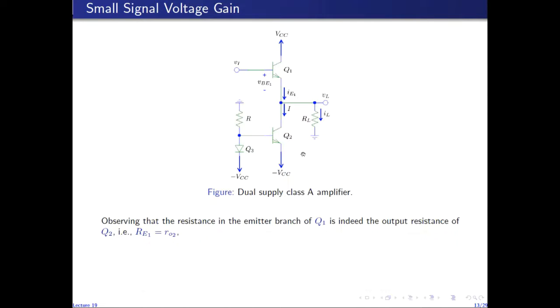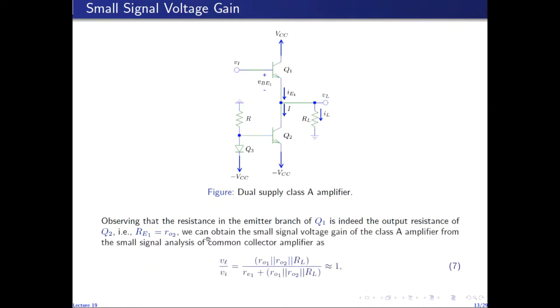By simply replacing RE in the expression obtained for the small signal voltage gain of the common collector amplifier with small r naught 2, we can obtain the voltage gain in going from this node to this node directly through this expression. So this is the same expression derived before.